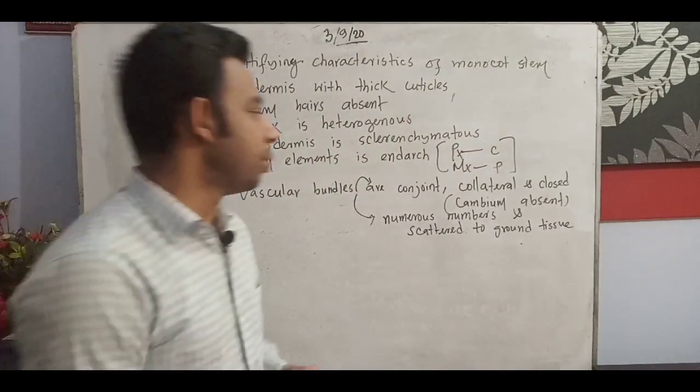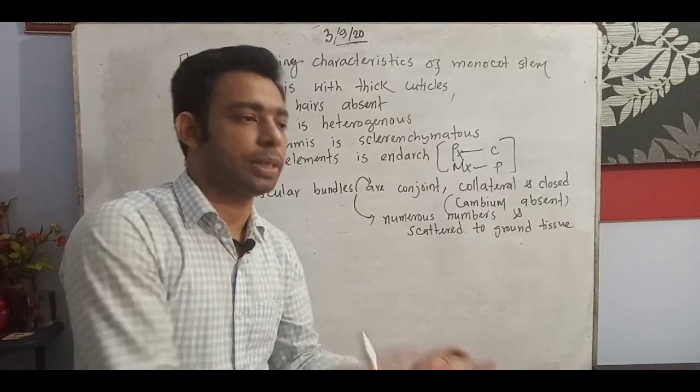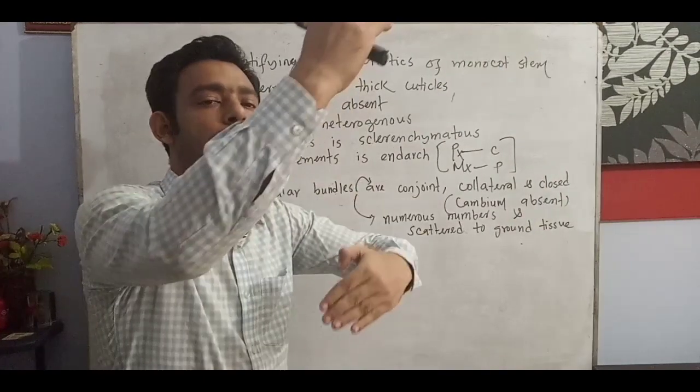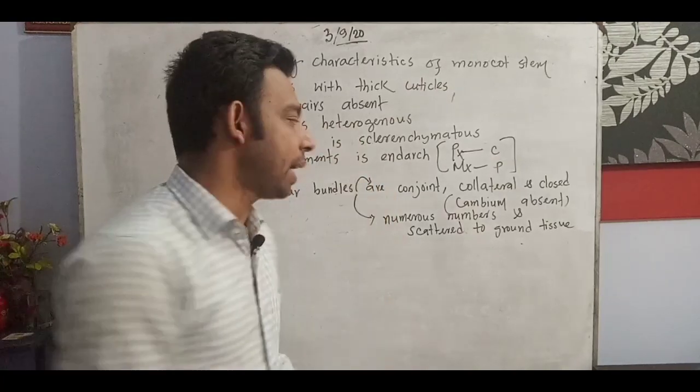We know the vascular bundles are in the center, then the endodermis, then the hypodermis. The cortical region is counted as the ground tissue.